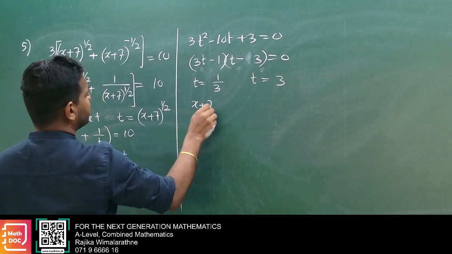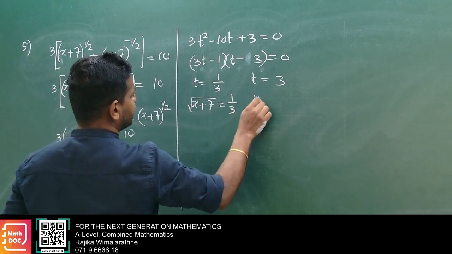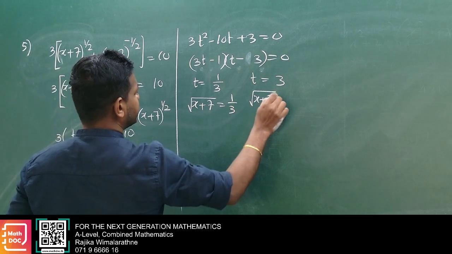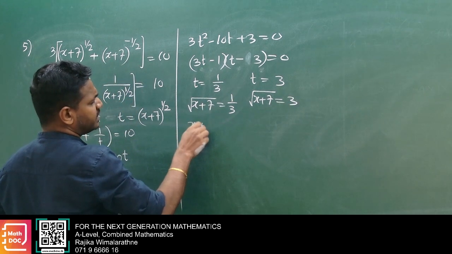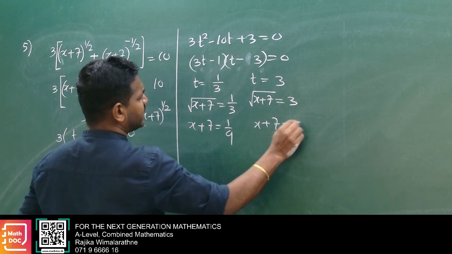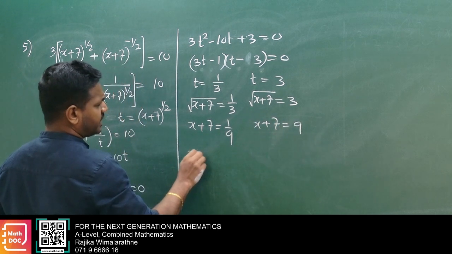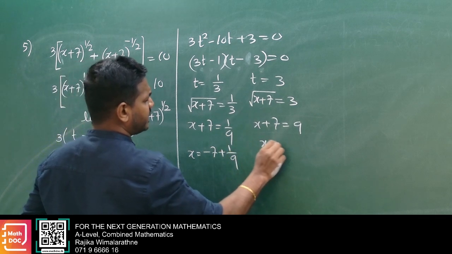T means root of x plus 7, equal 1/3. Here root of x plus 7 equal 3. Then square both sides. X plus 7 equals 1 over 9, x plus 7 equals 9, then x equals minus 7 plus 1 over 9, x equals 2.